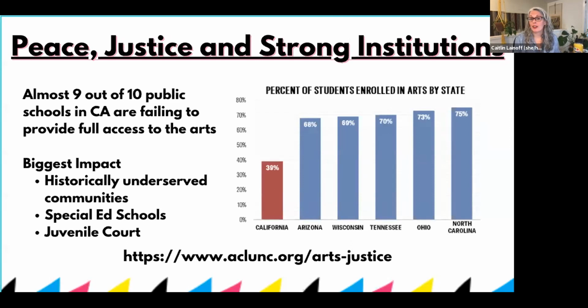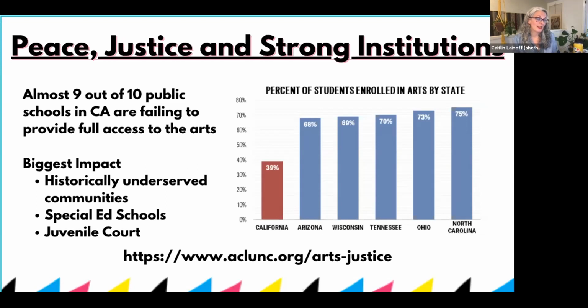So we believe that every student has a right to a well-rounded education, and yet 9 out of 10 public schools are failing to provide full access to the arts. And the students facing the largest opportunity gap are historically under-resourced communities, students in special education programs, and youth going through the juvenile court system.